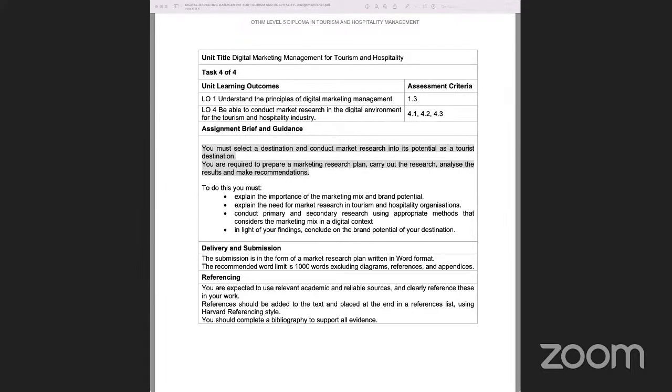I would then research resorts in Mauritius, choose one, and then do these activities, such as the importance of the marketing mix and the need for market research.